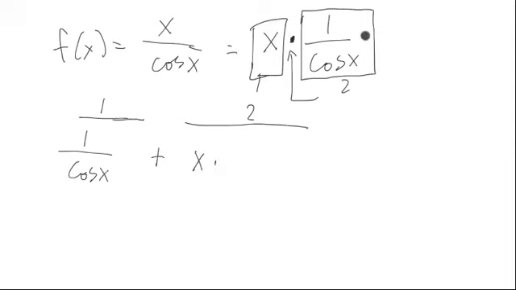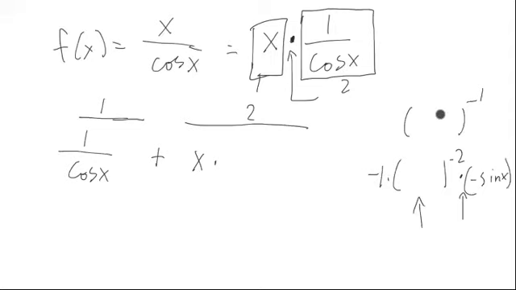Now, this is the same thing as something raised to the negative 1 power. Now, we can take a derivative of that, negative 1 times something raised to the negative 2. But since it's a composition, and composition turns into multiplication, we multiply by the derivative of what's put into this, so the derivative of cosine, which is negative sine. And then this was taken derivative at the point plugged in, cosine x.